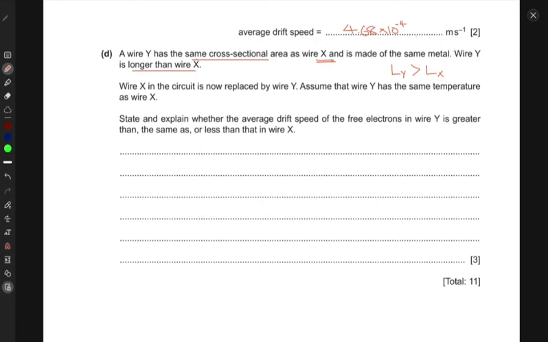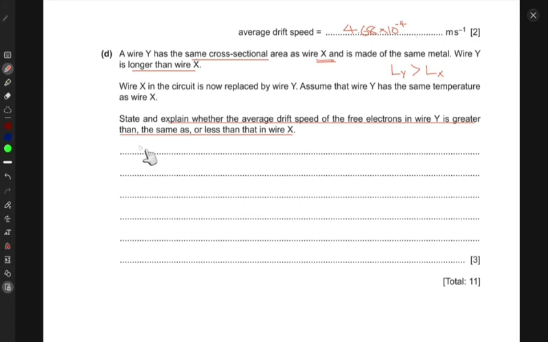If the metal is the same, that means the resistivity is the same. Wire X in the circuit is now replaced by wire Y. Assume that wire Y has the same temperature as wire X, so temperature is also not changing. State and explain whether the average drift speed of the free electrons in the wire is greater than, the same as, or less than that in wire X. So we want to compare the drift speed now with wire Y.